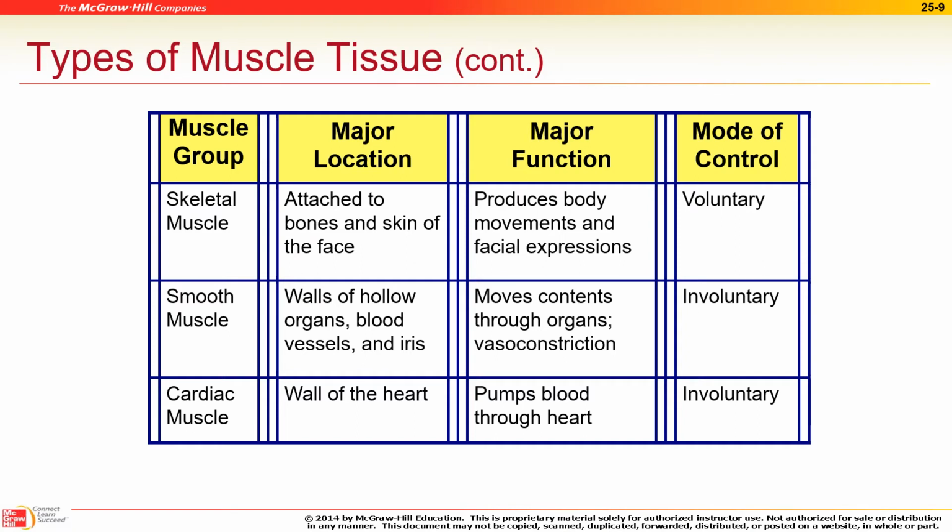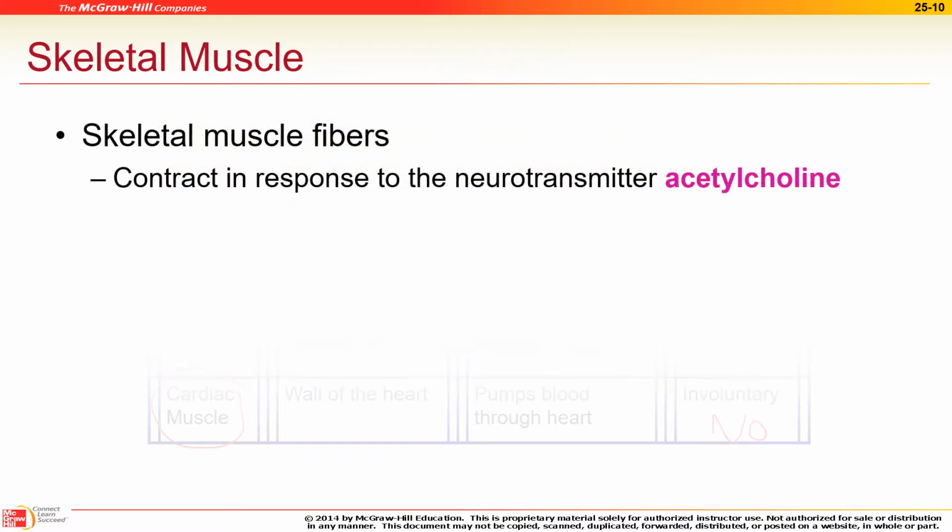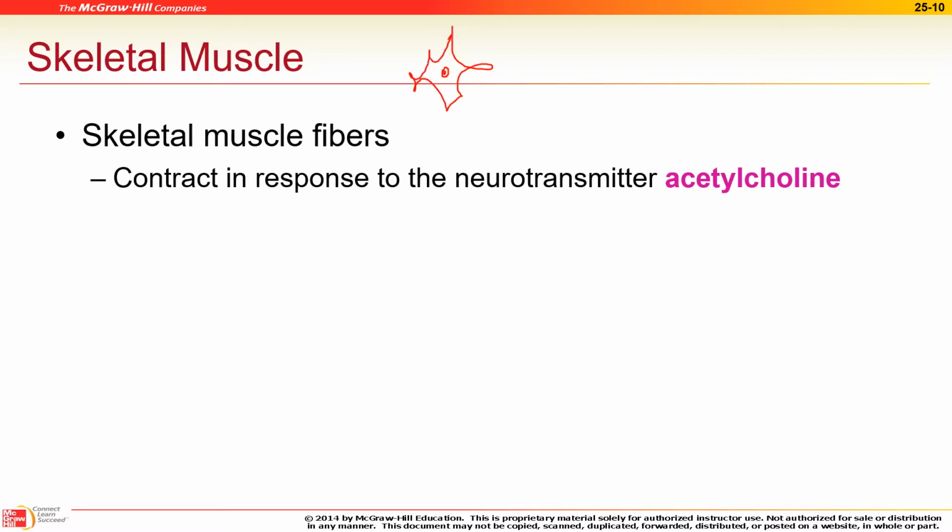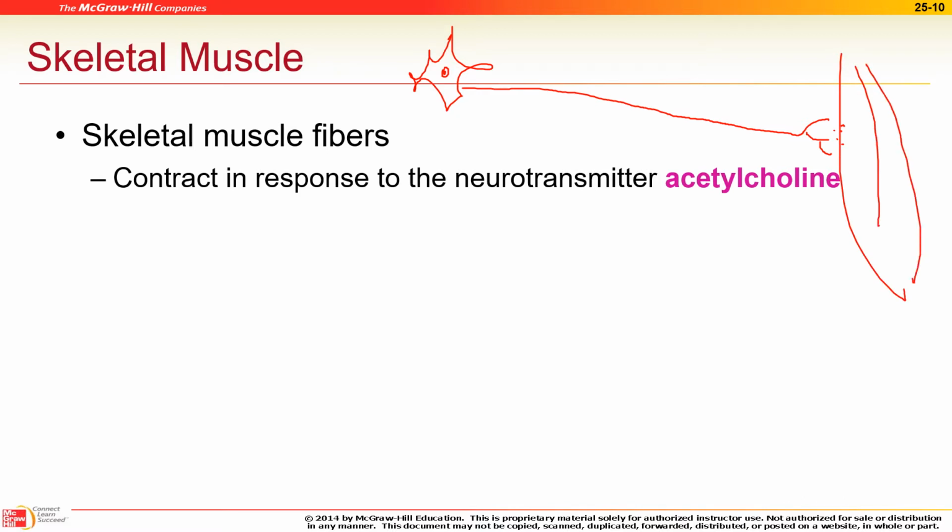This slide is just a summary of the 3 types of muscle. So let's see, heart muscle, can you control it? No. Good. Skeletal muscle, of course, is the only one you can control. Chemicals. You've got a nerve in your brain, and it goes along your spine all the way down, and at the end, it's going to give off some chemicals that lead to a muscle.